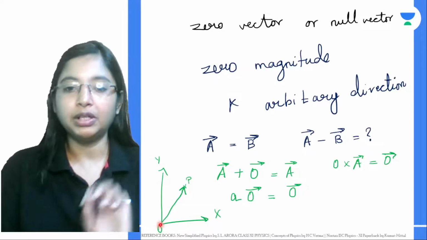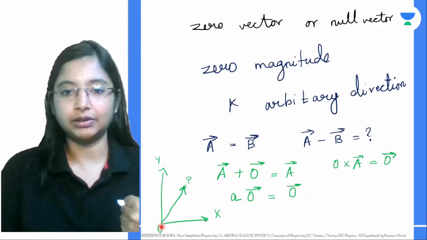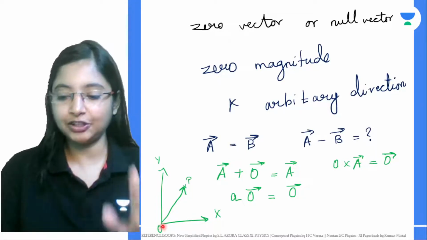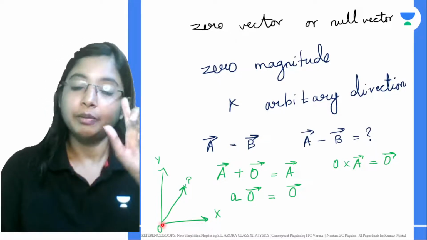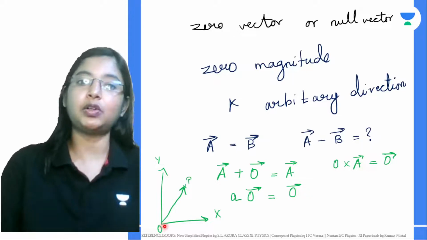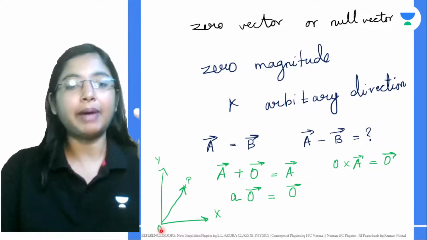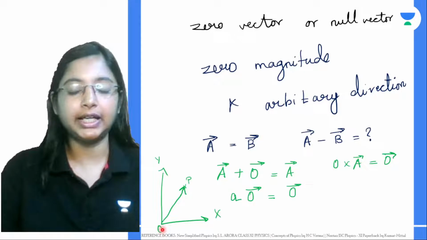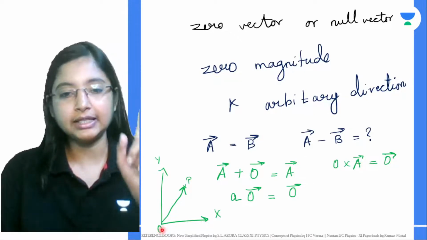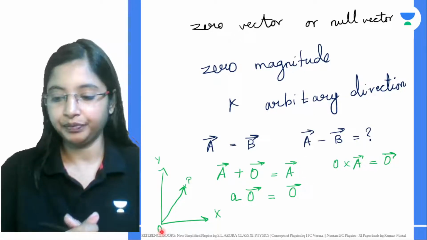Now, if you take the velocity vector of a stationary object, meaning the object is at rest, then its magnitude is 0, and the direction can be any arbitrary direction. So in that case, the velocity vector is a zero vector.